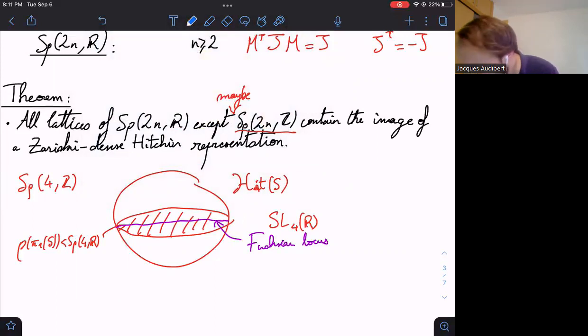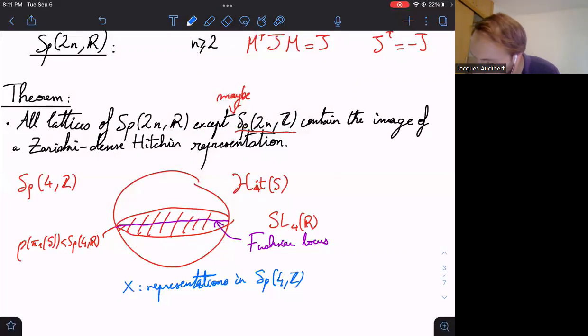And here what I'm able to prove is that if you look for representations in SP4Z, what Long and Thistlethwaite tell us is that there are actually infinitely many representations in the Hitchin component that lie in SP4Z, but I'm able to prove that they do not lie in the Fuchsian locus.